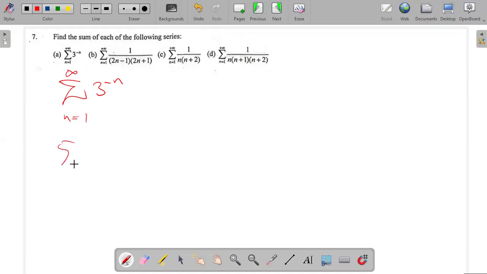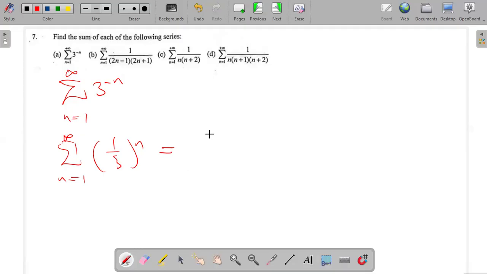Of course, I can write it as the summation from n equals 1 to infinity of 1 over 3 to the power n. So 1 over 3 to the power n, what is that going to be for me?